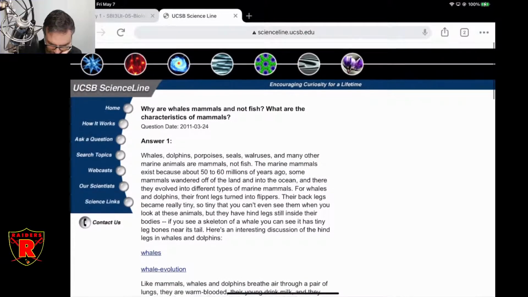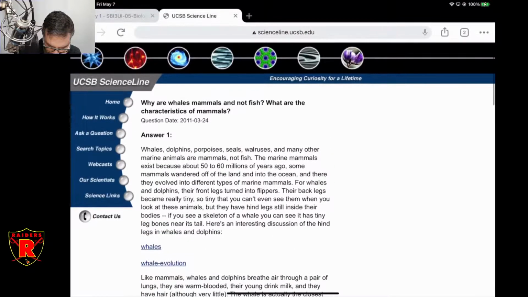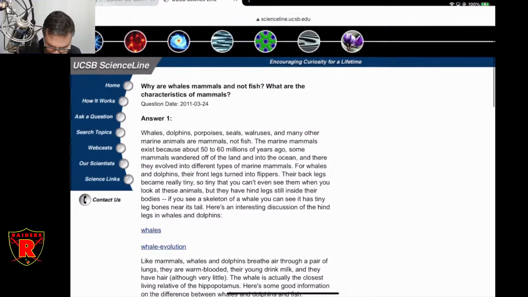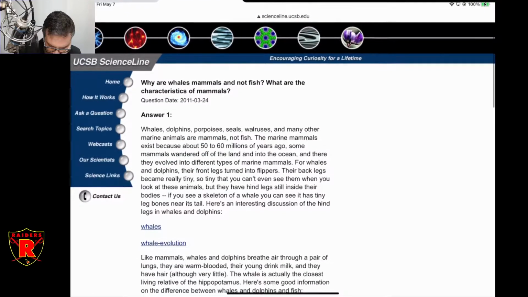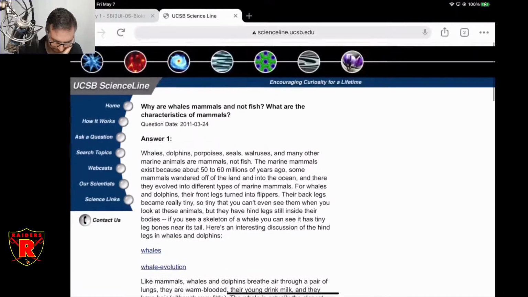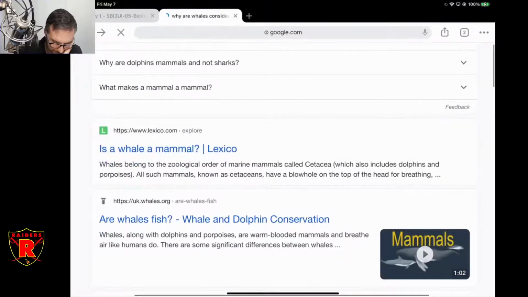This looks like a relatively trustworthy site. Huh. That's fascinating. I don't think I knew that they did have fur. No, that's not a good website. Hold on.